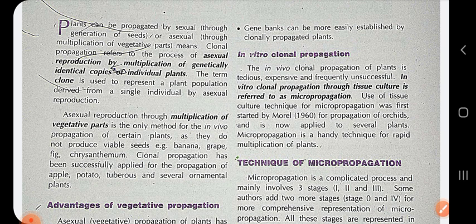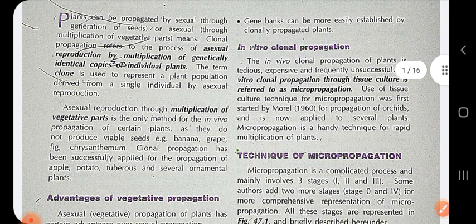Asexual reproduction through multiplication of vegetative parts is the only method for in vivo production of certain plants, as they do not produce viable seeds. Viable seed means the ability of the seed to germinate into a new plant.